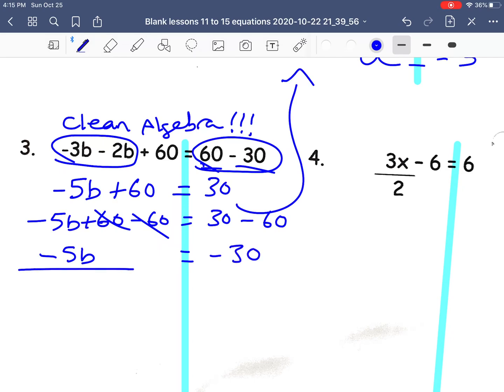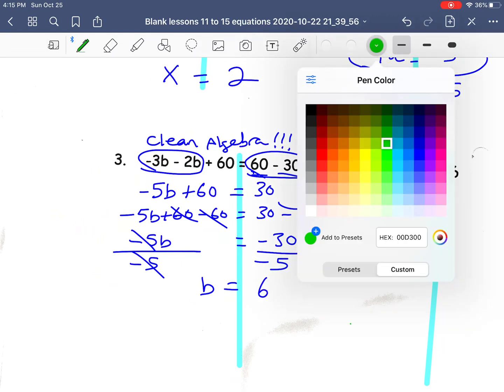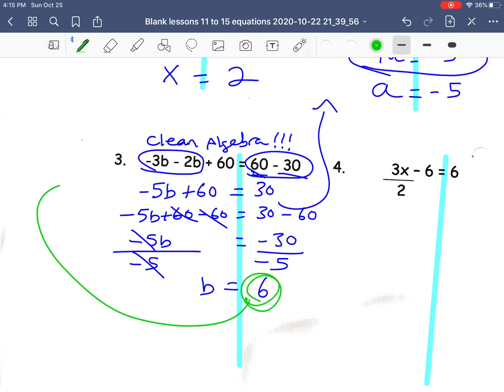The opposite of multiplying by negative 5 is dividing each side by negative 5. Negative 5 divided by negative 5 is 1b, which is equal to a positive 6 as a final answer. If ever you want, you can always go back and take that 6 and plug it in to see if it actually works. Just be careful you don't make a mistake going back and checking your work.